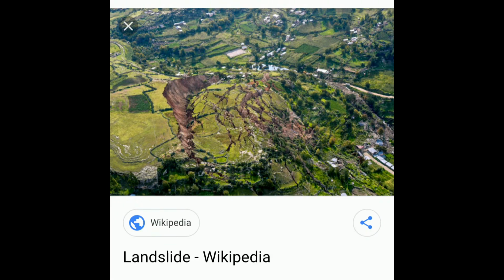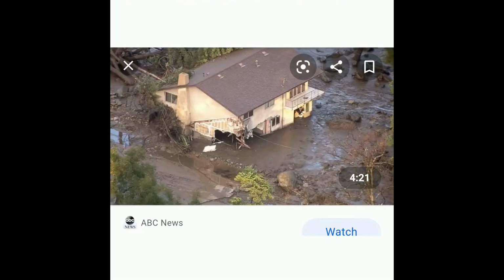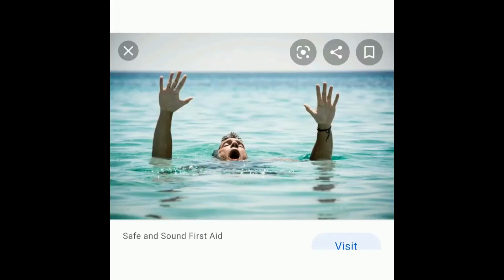Then the next one is landslide. Controlling soil erosion and conserving forests are the measures to lessen its effects. Next one is drowning. Give training in swimming. That is the main way to prevent drowning.